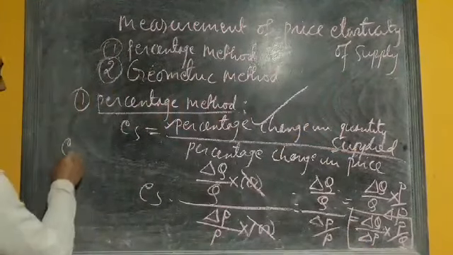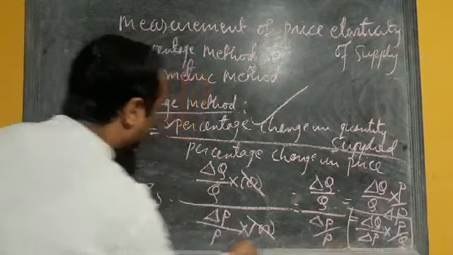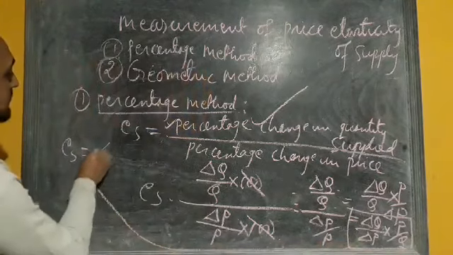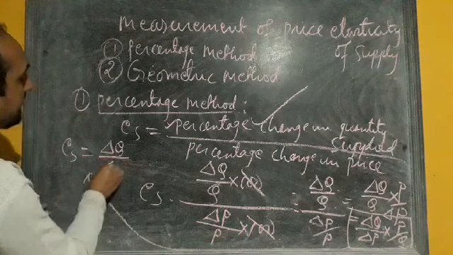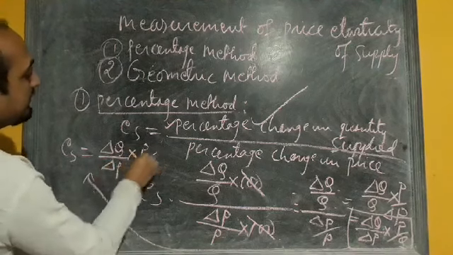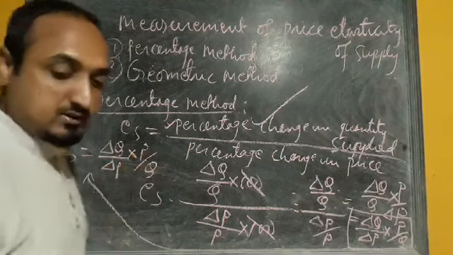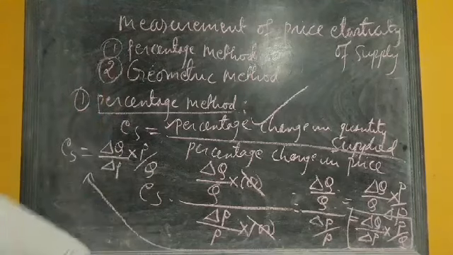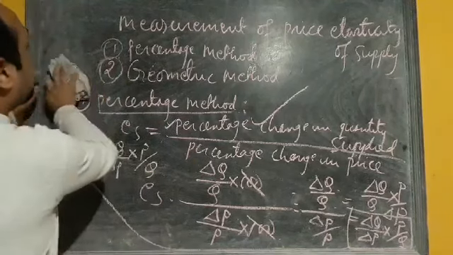We can write E is equal to del Q by del P into P by Q.